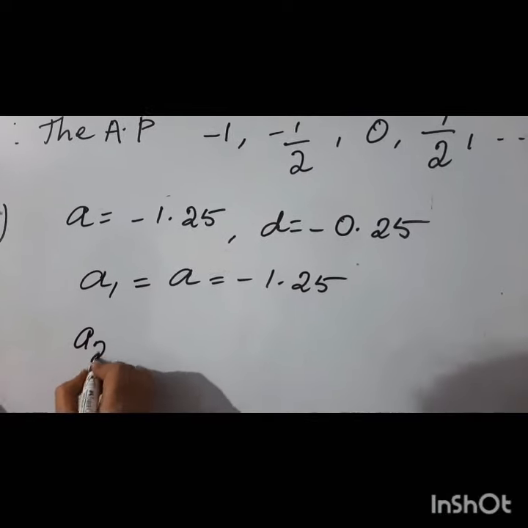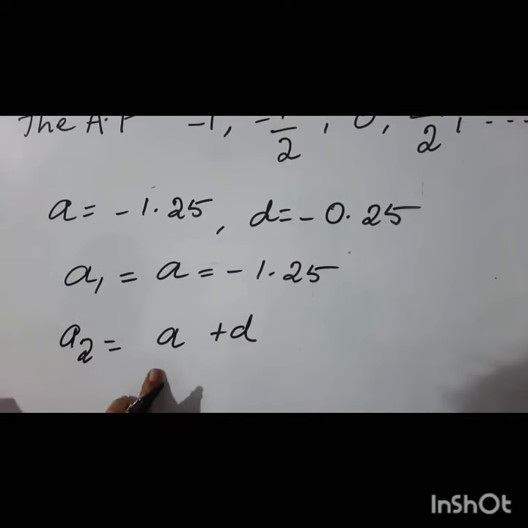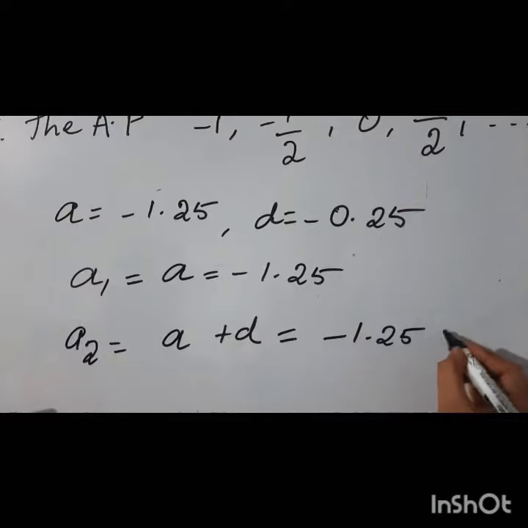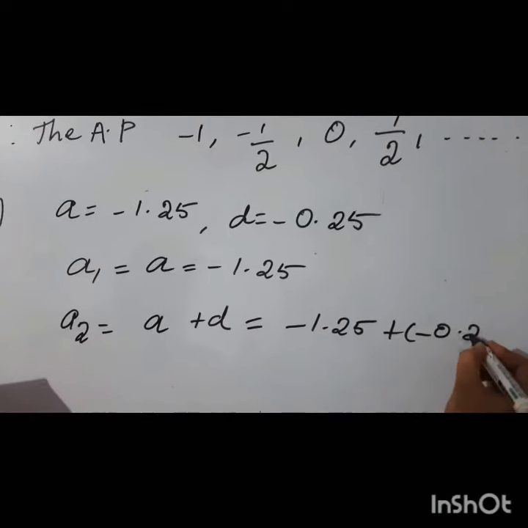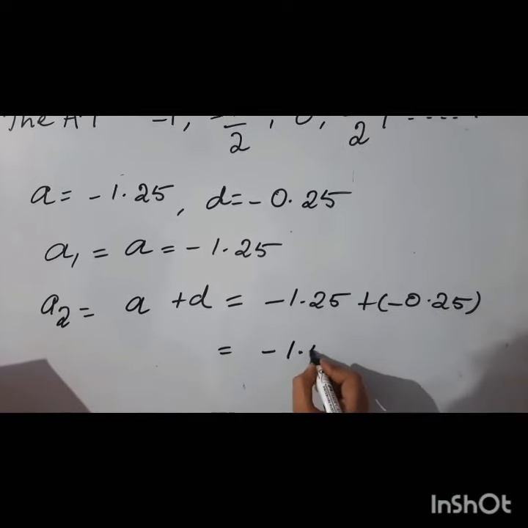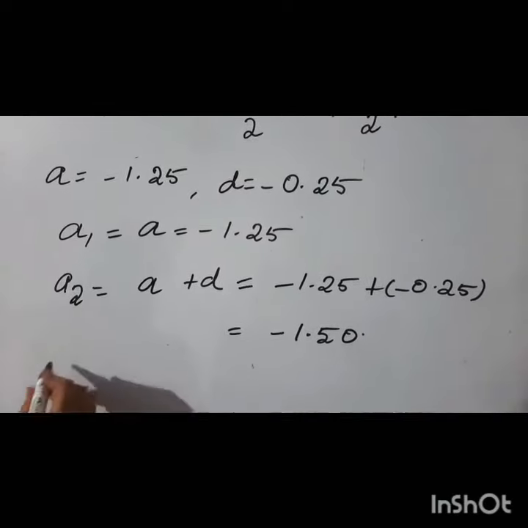What is your second term? How we will get the second term? By adding the common difference to your first term, which is equal to minus 1.25 plus minus 0.25. What we will get? Minus 1.50. What is your second term? Minus 1.50.